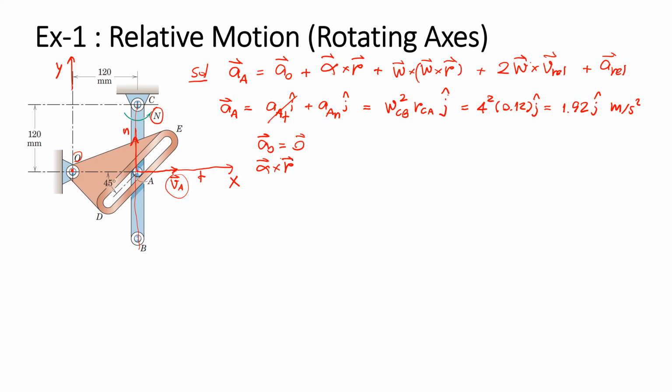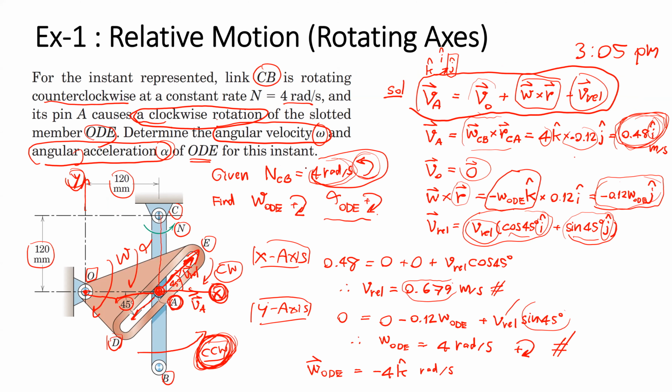Alpha is the alpha of the link OD. We still don't know the direction of alpha, but we assume alpha to be positive in the clockwise direction, as with omega.